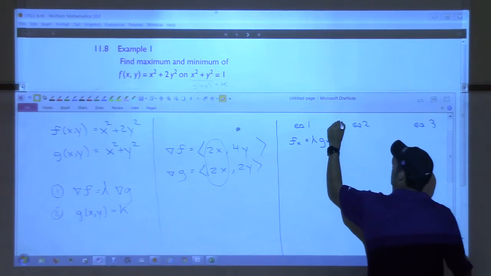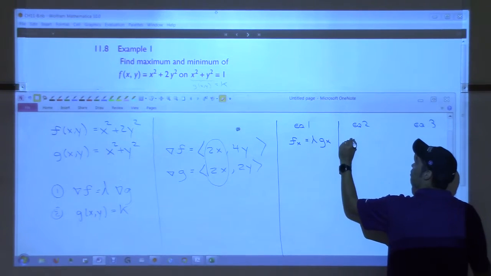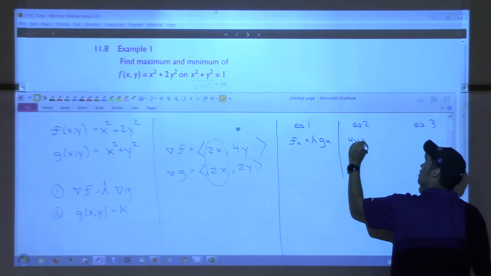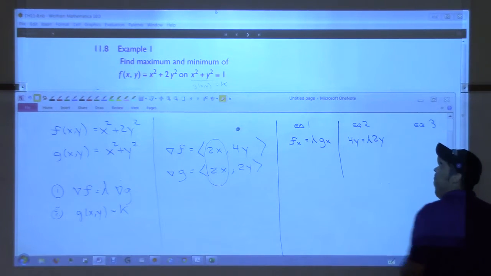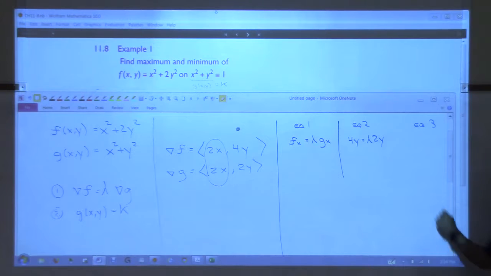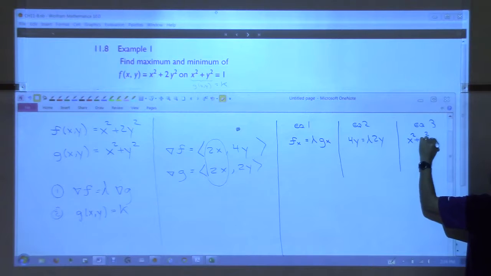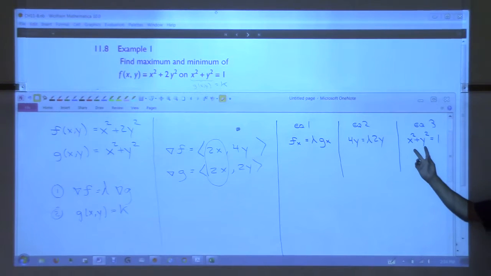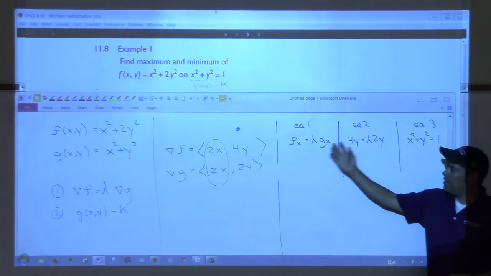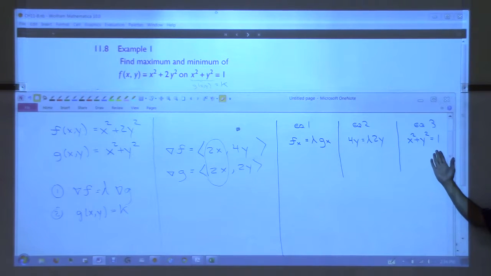So my equation 2 is 4y must equal lambda times 2y. And then my last equation is what? I have to make sure that the original constraint is satisfied. I have to make sure that the points I find that satisfy these also live in the original domain, and then I'm in business, all right?